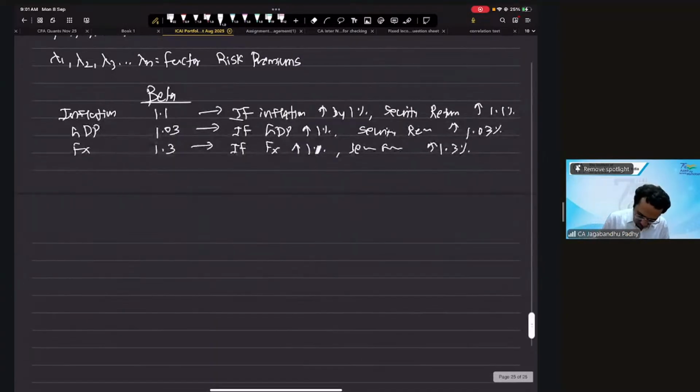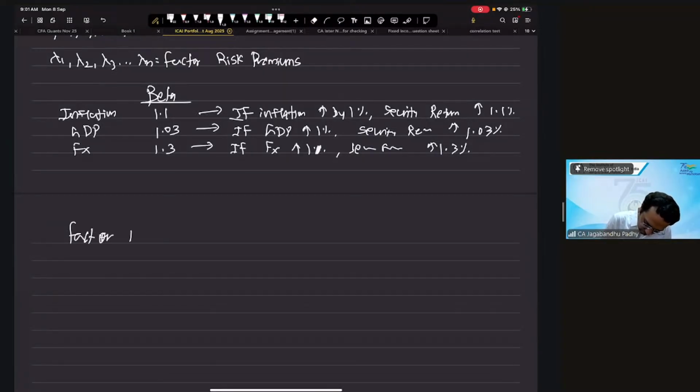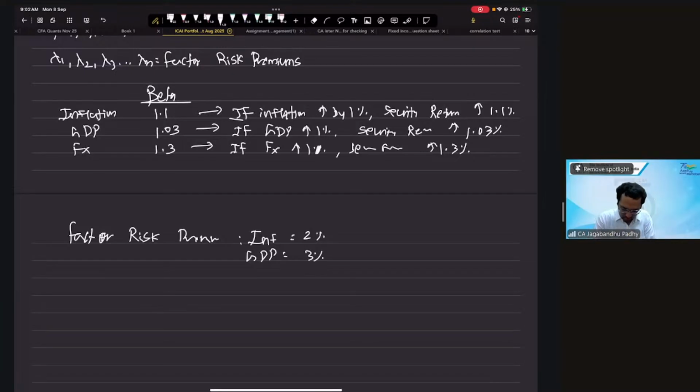So then we say what will be our factor risk premium. Let's say inflation has a factor risk premium of 2%, GDP has a factor risk premium of 3%, and forex has a factor risk premium of 4%.